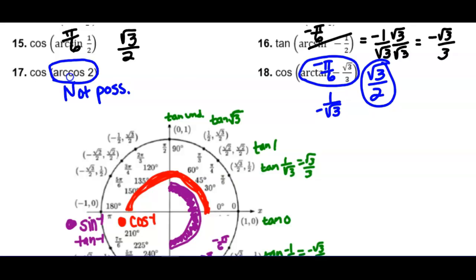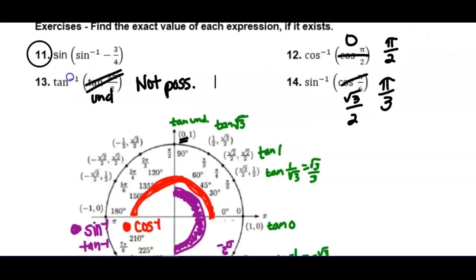All right, last thing I'm going to do is go back here. And this is the lesson we're going to do tomorrow, but inverse sine is purple, and it's negative then in quadrant 4.